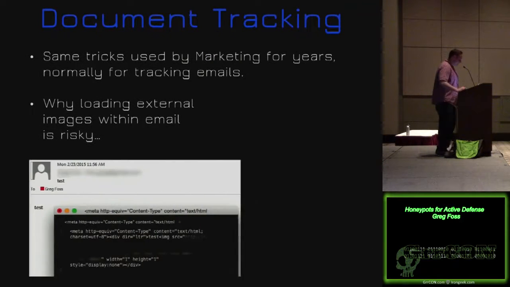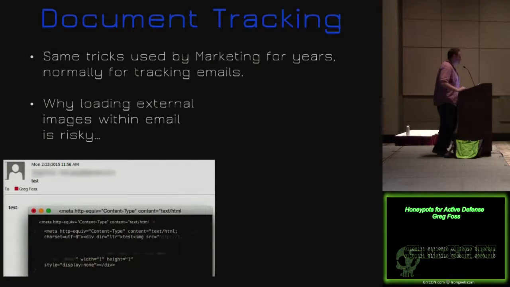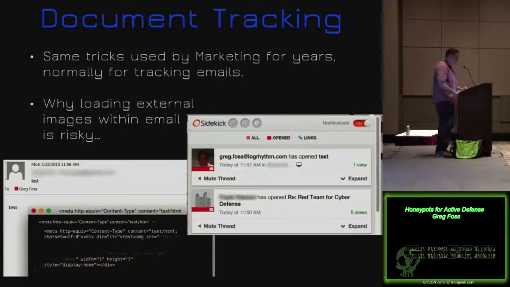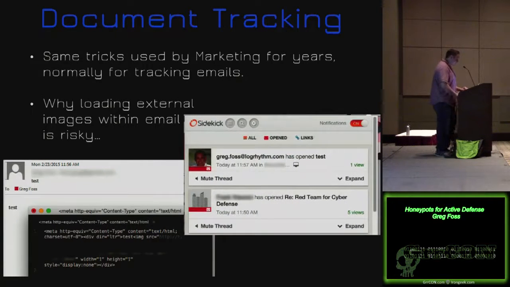The fun thing about this stuff is document tracking is all just the same tricks that marketing and sales have used for decades, right? Whenever you load images in emails or in a document, there's a chance that it can call out. That's essentially all web bugs are. Right here, this is an app called Sidekick. It lets you know when people read your Gmail and stuff like that.